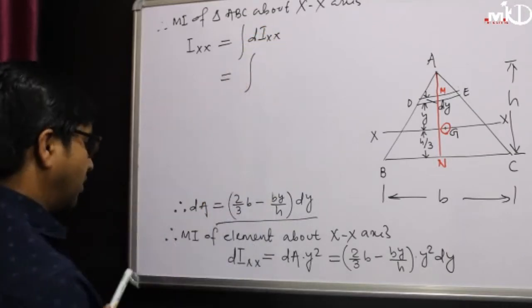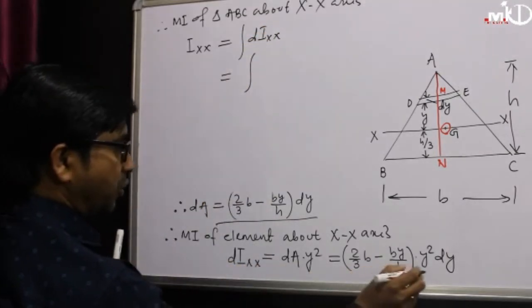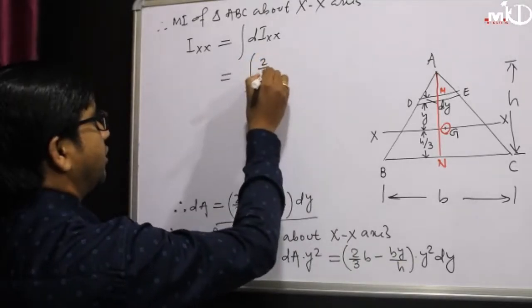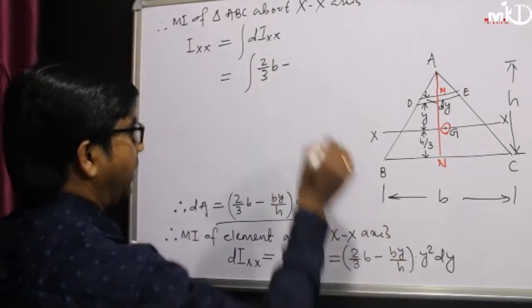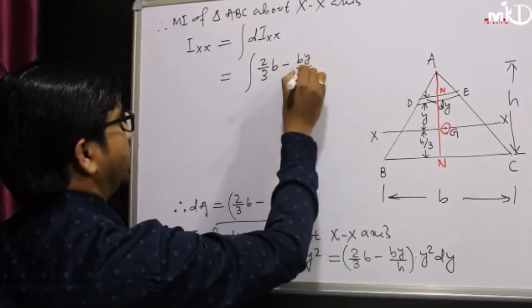In place of dIxx we can put 2 by 3 b minus b by h whole into y square dy.